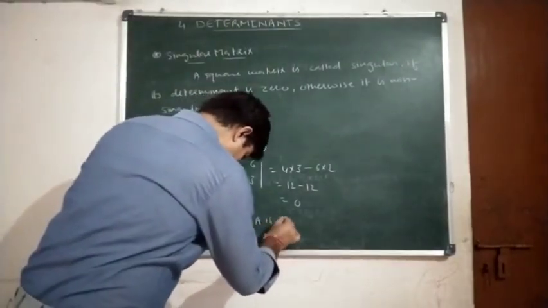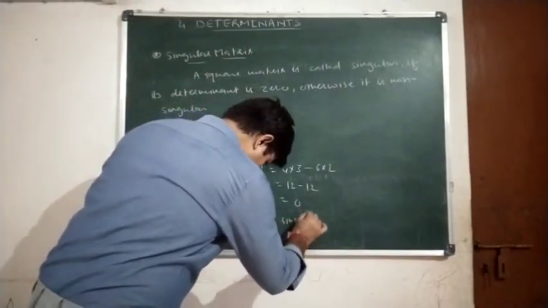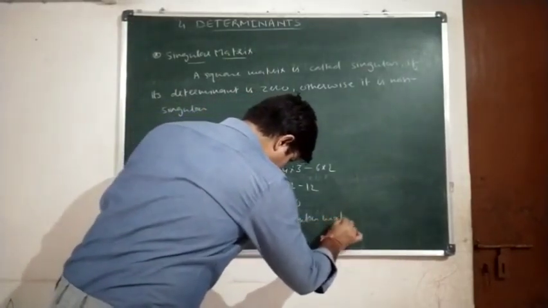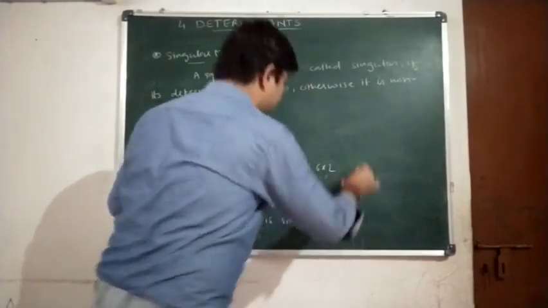Therefore A is a singular matrix. Clear?